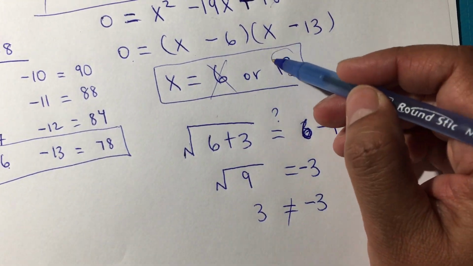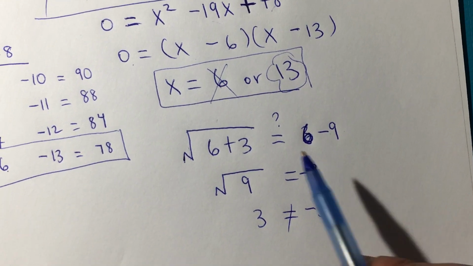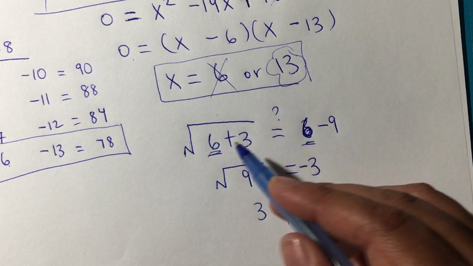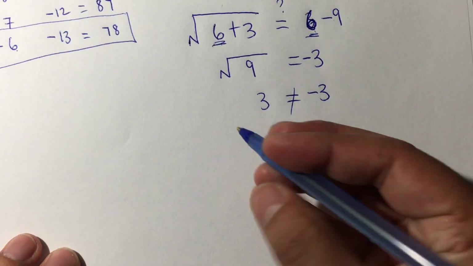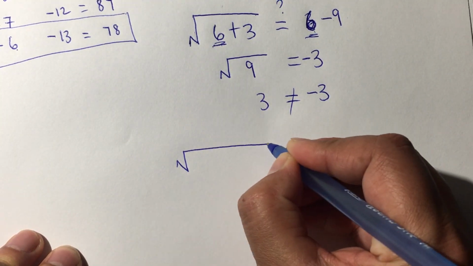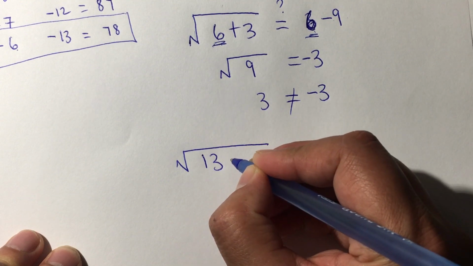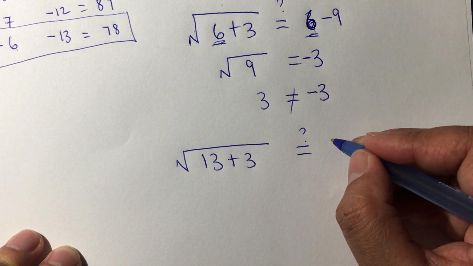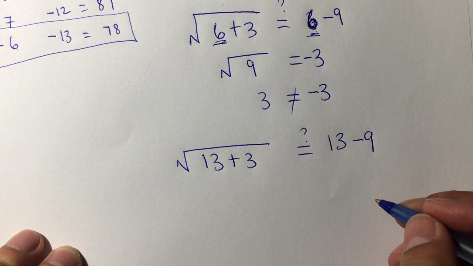Now let's try the 13. Again, we're substituting the 13 in here and in here because those were the values of x. So is the square root of 13 plus 3 equal to 13 minus 9?